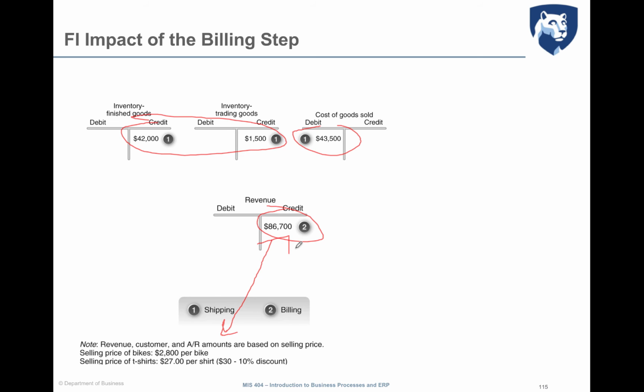Then the revenue account is credited for the amount of the customer sale, and then you have to make some other movement in the accounts receivable of your financial statement. However, because accounts receivable is a reconciliation account, as you remember from the accounting section, the amount of the invoice cannot be posted directly to the accounts receivable of the general ledger, but you need to post it in the customer subledger account in the reconciliation account.